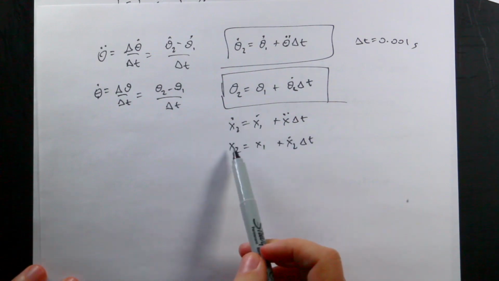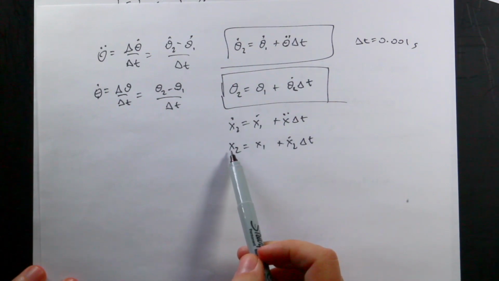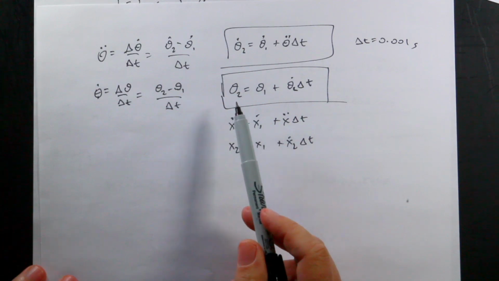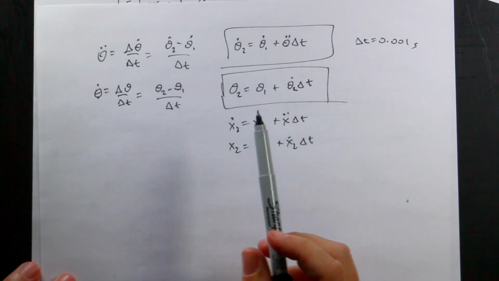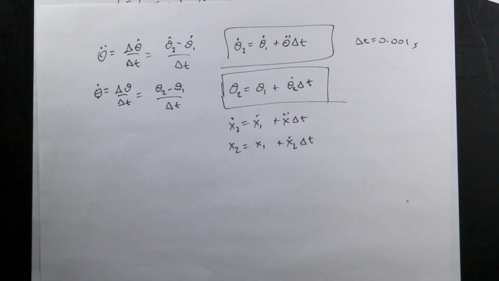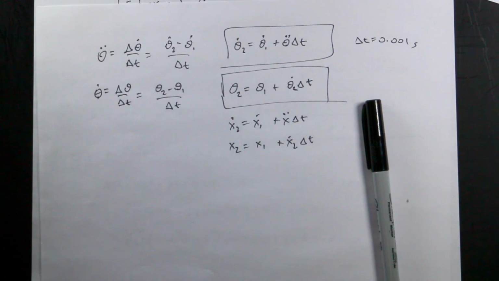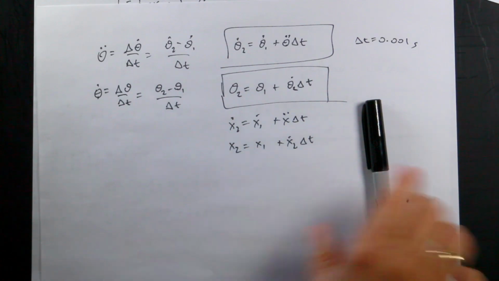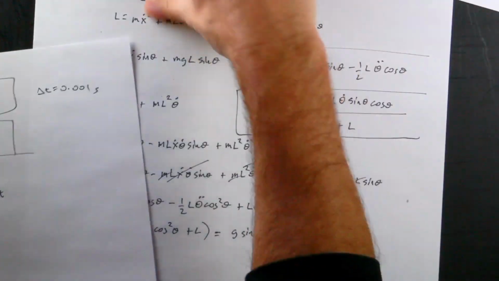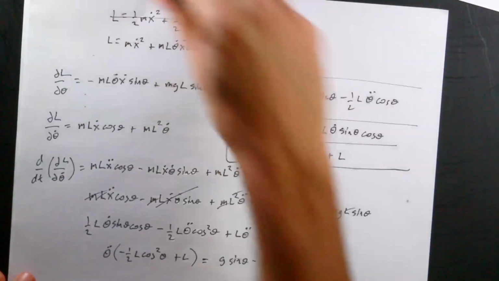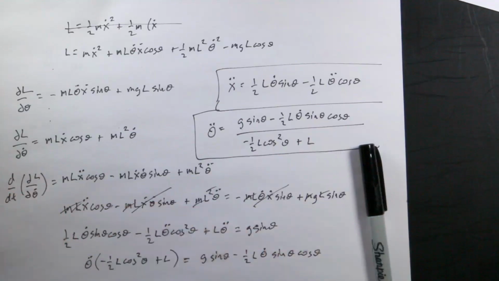Then once I have x2 and theta 2, I can move all my stuff in Python and animate it. Okay, and then we can check and see if things work. So let's do that. I mean, I could stop here, but why stop now? Never stop. Never surrender. Okay, so this is the equation that I need right there. These are my two equations. So let's go to Python.